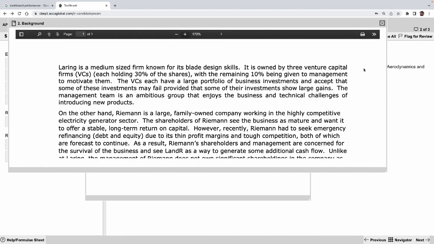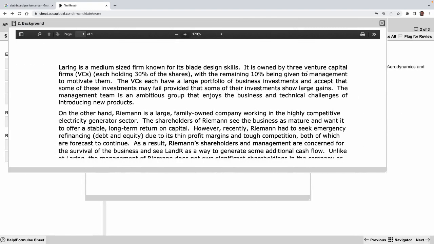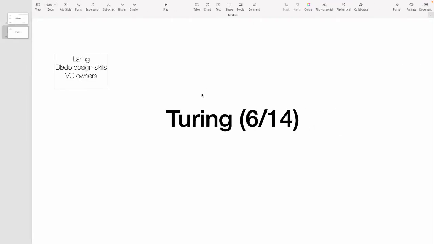It is owned by three venture capitalists, and the remaining 10% given to management to motivate them.